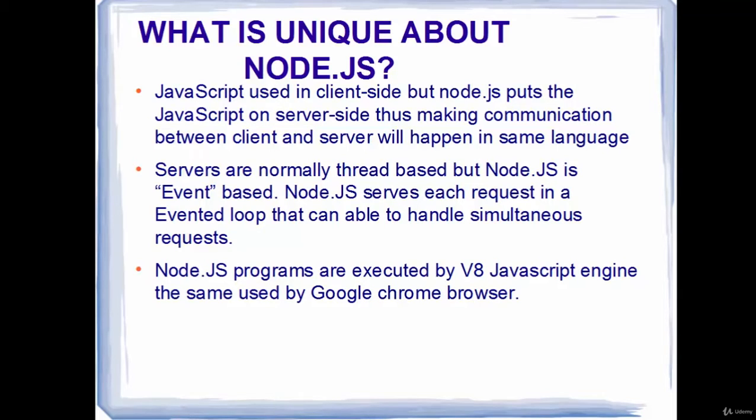Servers are normally thread based, but Node.js is event based. Node.js serves each request in an evented loop that is able to handle simultaneous requests. So Node.js is not a multi-threaded application. It only has one thread which uses events.